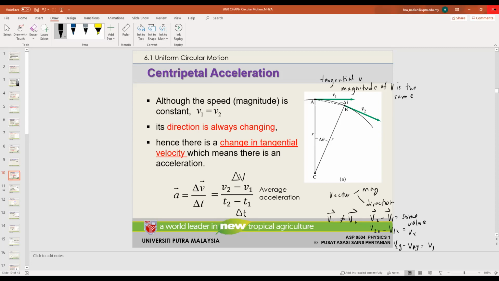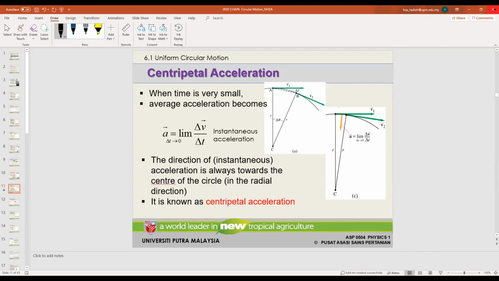Why do we have change in velocity? Because the vectors are not equal. If the vectors are equal, they have the same direction, they have the same magnitude, this would be equal to 0. My acceleration will be 0. But now their direction is different, which means that I have acceleration. And that acceleration is centripetal acceleration.